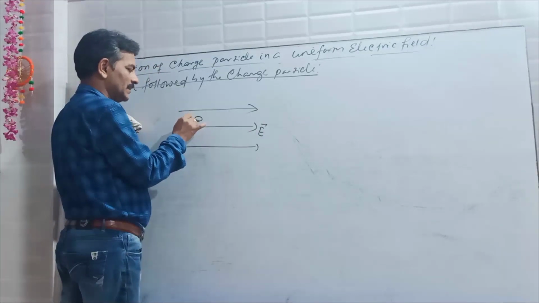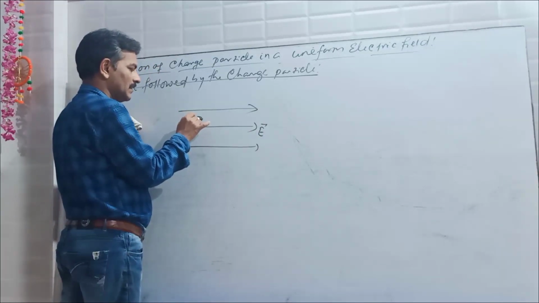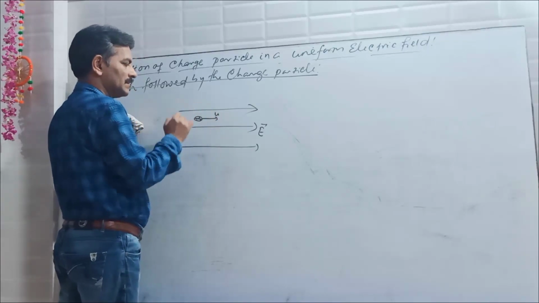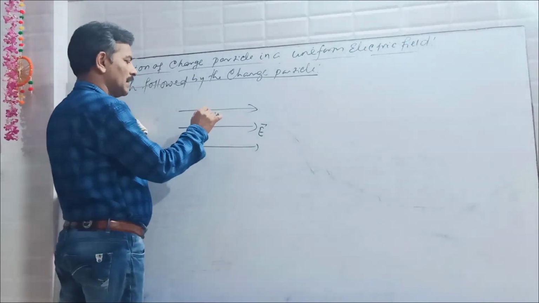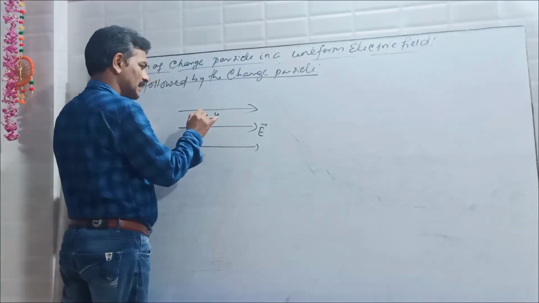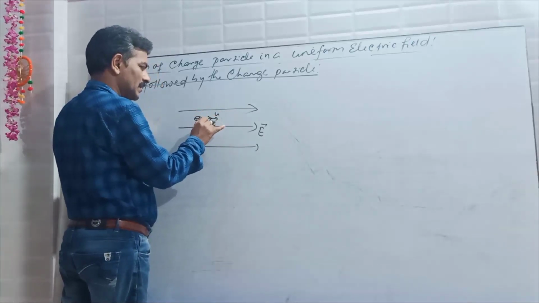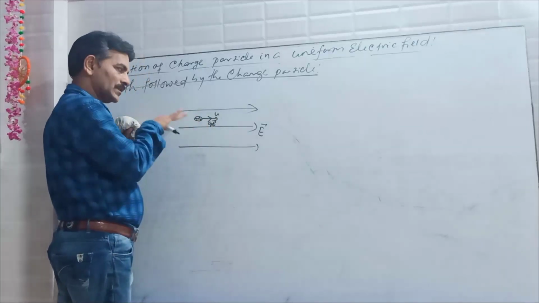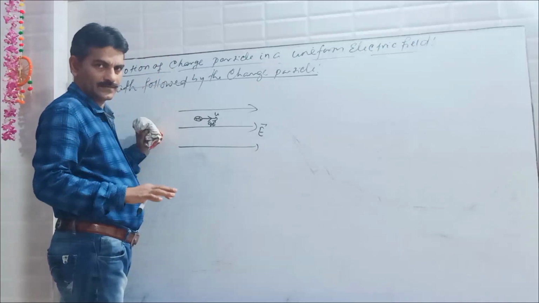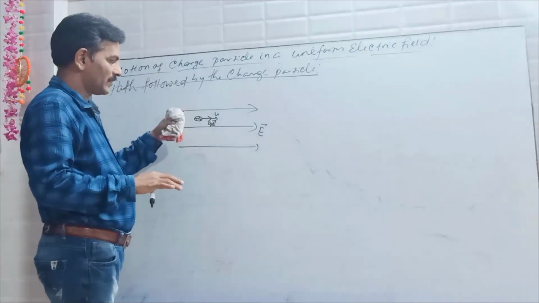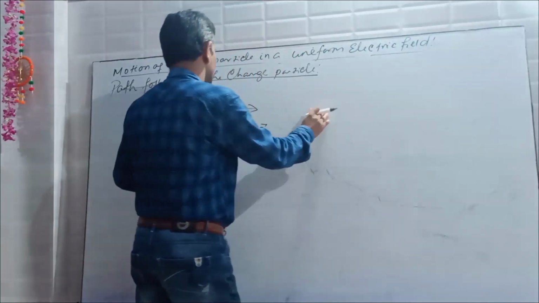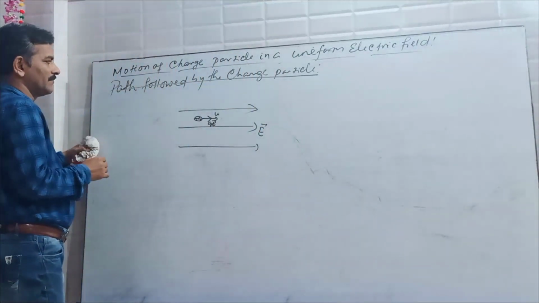Suppose you are projecting a charged particle along this direction with initial velocity. It is accelerated along this direction, that is, it will experience some force along this direction. So it will accelerate and will follow a straight line path.